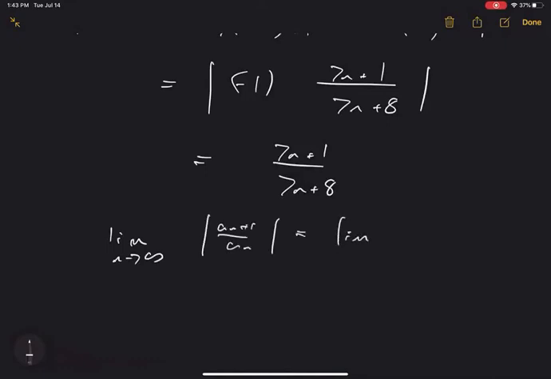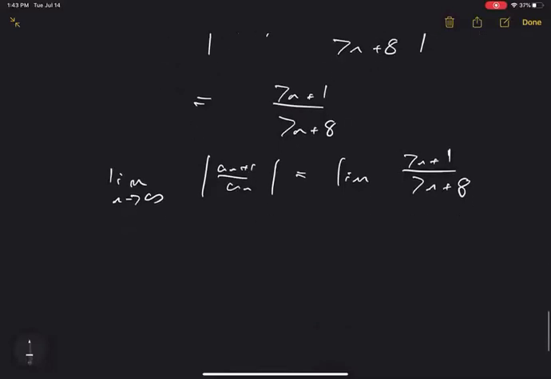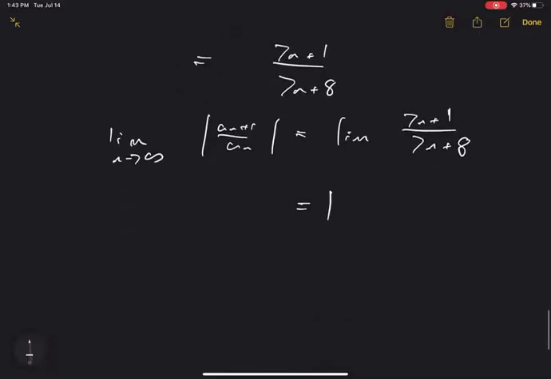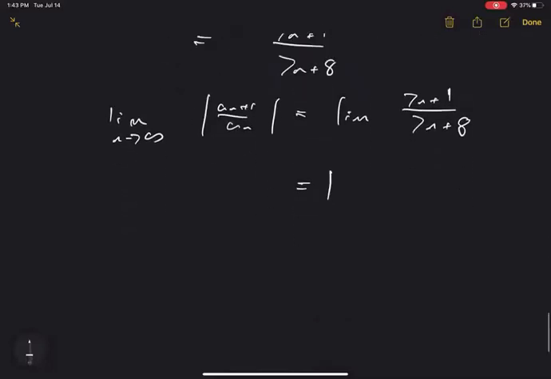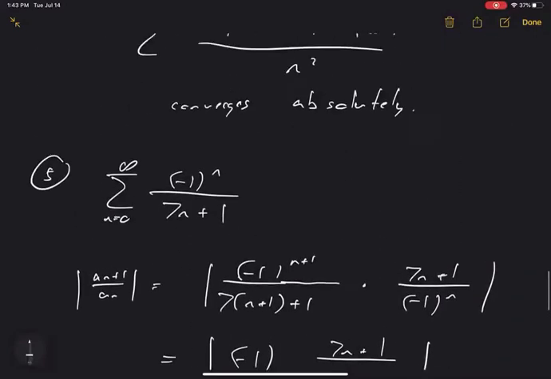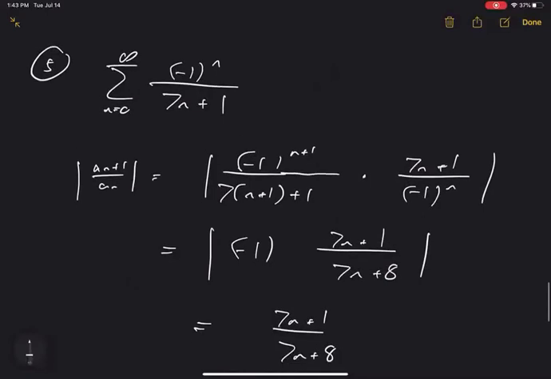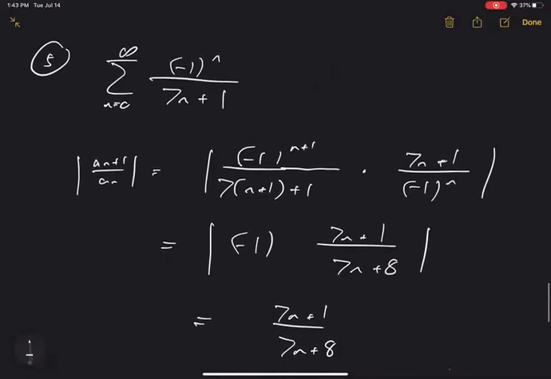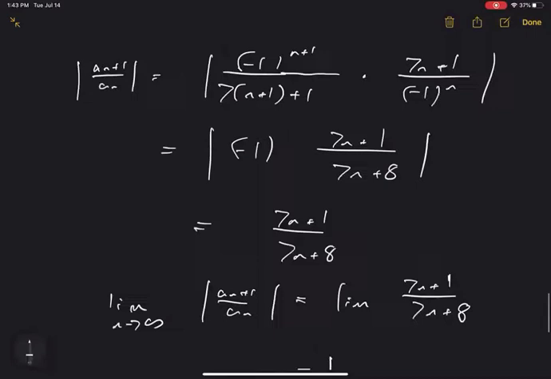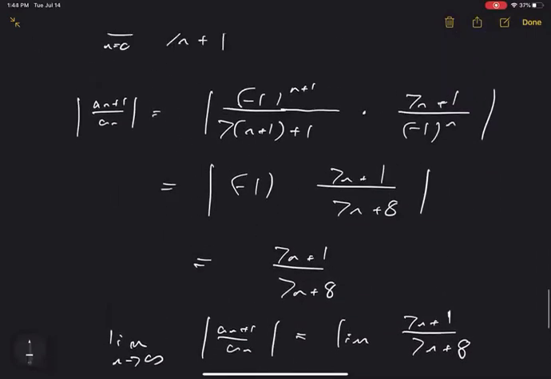And so the limit of a_{n+1} over a_n is the limit of 7n+1 over 7n+8. And we know that limit's equal to 1. So what does the ratio test tell us? It's inconclusive. I've got to dig a bit deeper. Maybe that's a good indication that our series is going to be conditionally convergent.